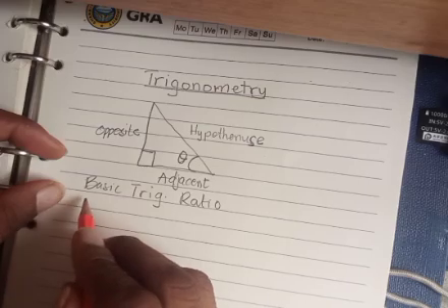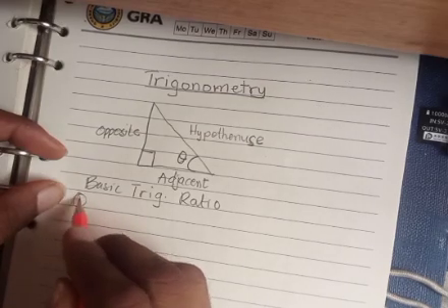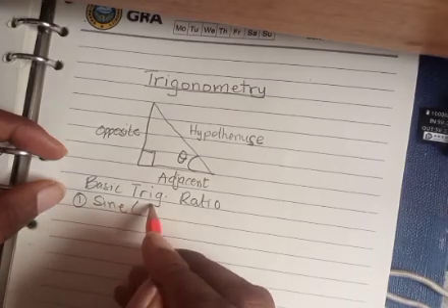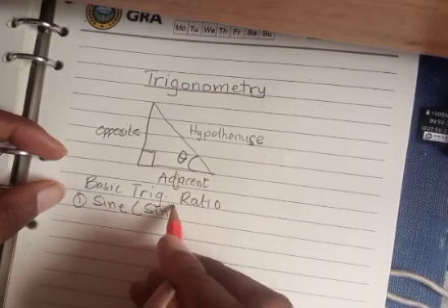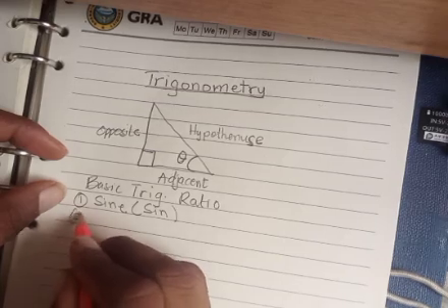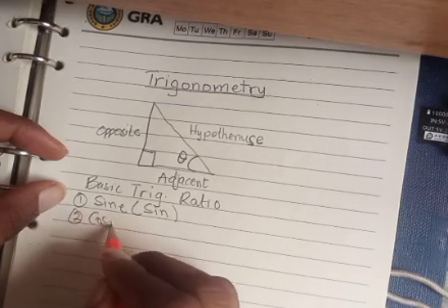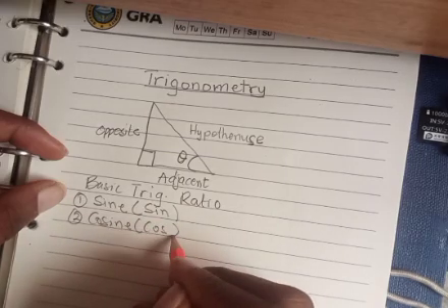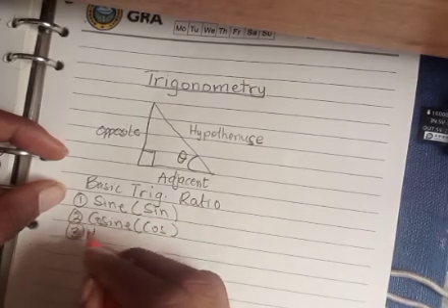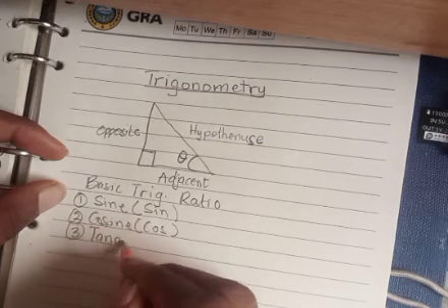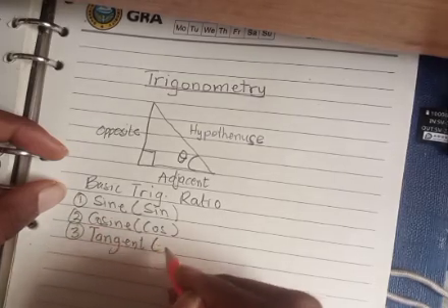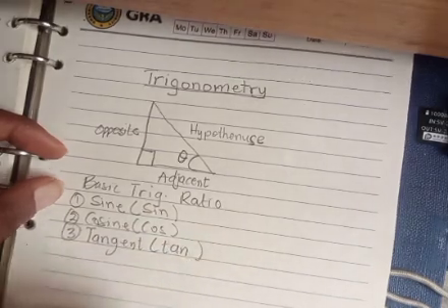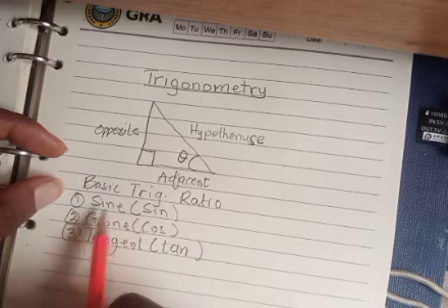The three basic trig ratios we have are sine, in short called sin; the second one is cosine, in short called cos; and the third one is tangent, in short called tan.